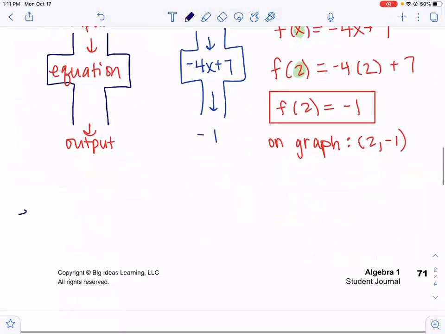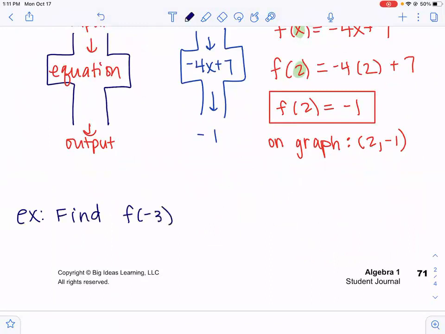So let's find f of -3. Well, if f of x is -4x plus 7, and I'm asking you for f of -3, since in my function notation -3 is there instead of x, then in my function I'm going to replace x with -3.